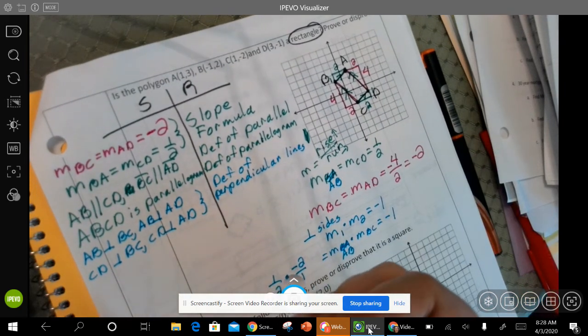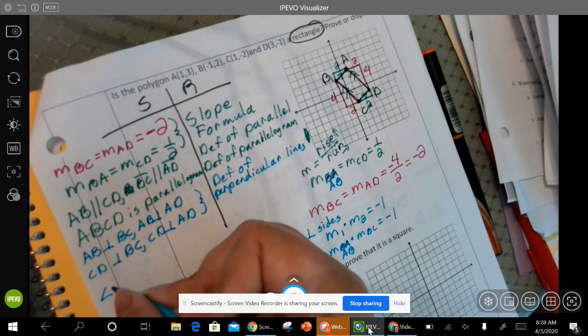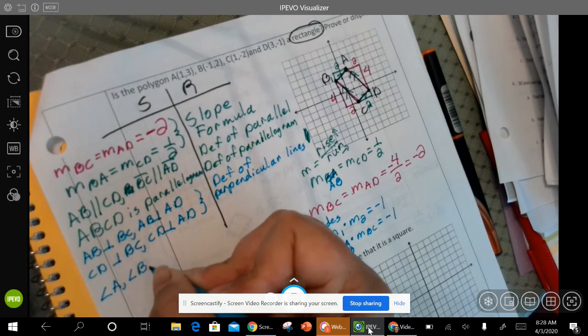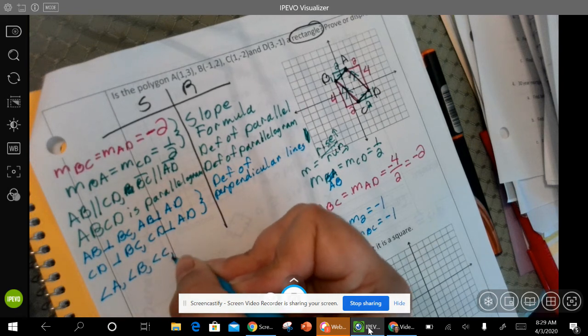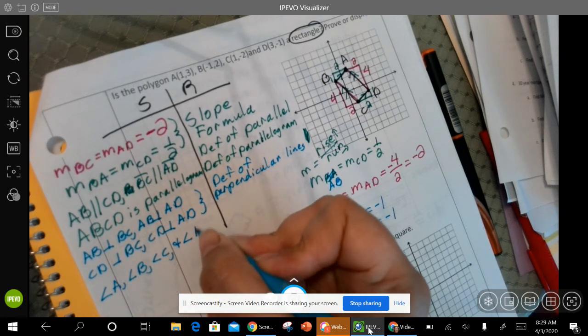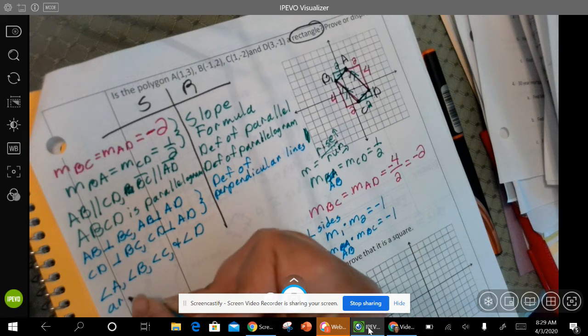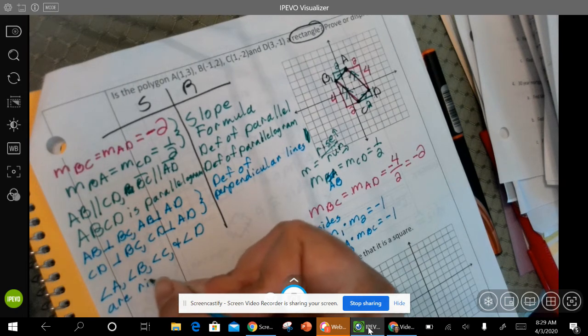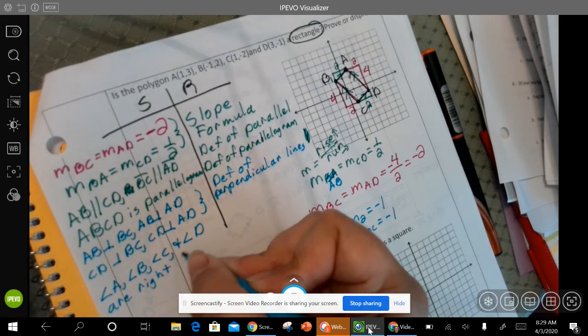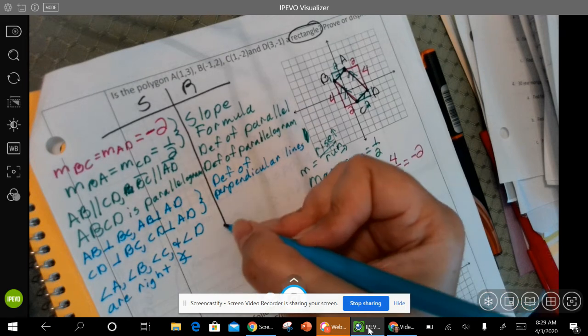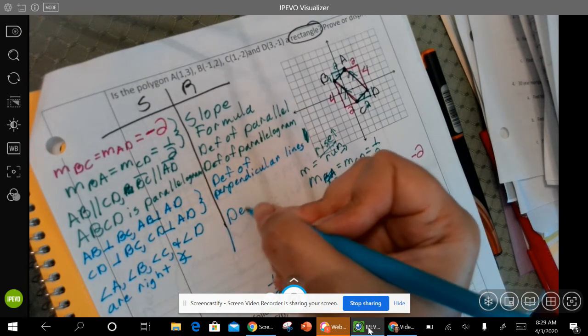So that means that angle A, angle B, angle C, and angle D are right angles. Okay, and that's the definition of perpendicular.